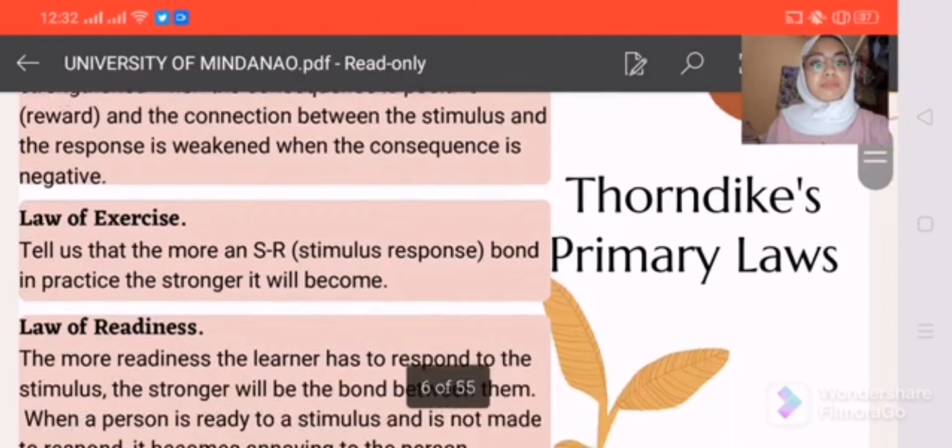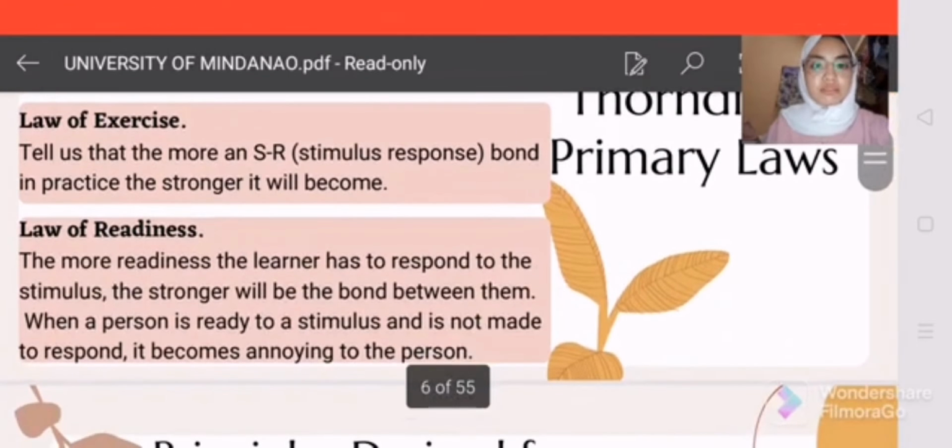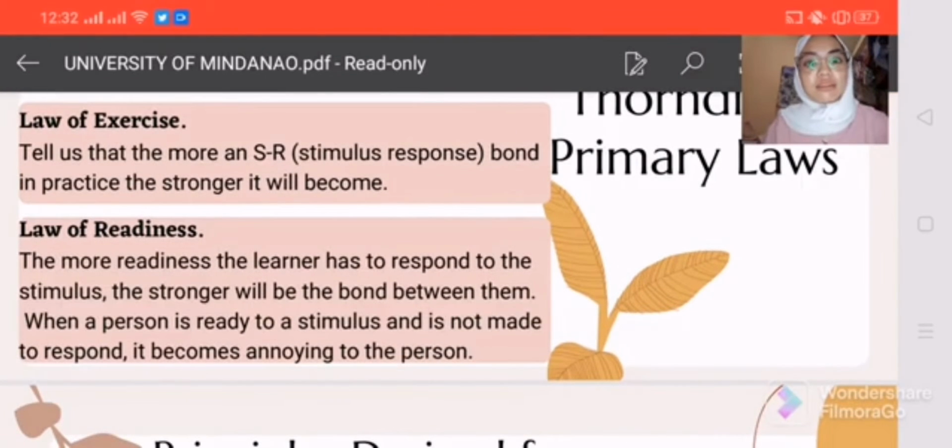So next is law of exercise. Law of exercise tells us that the more a stimulus-response bond is practiced, the stronger it will become. So in the law of exercise, di ba nga may kasabihan tayo na practice makes perfect.